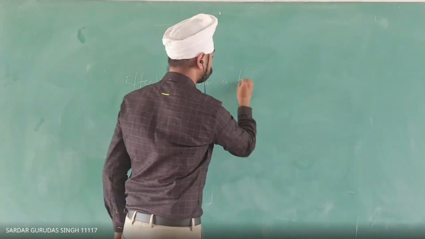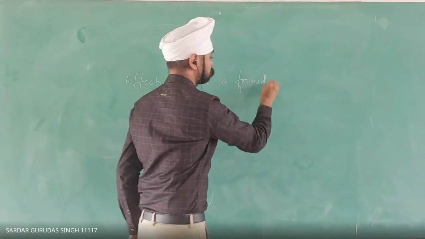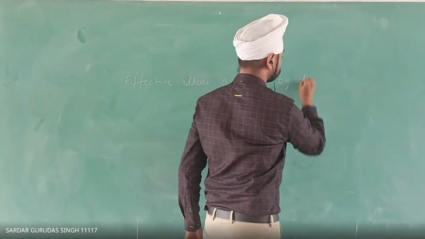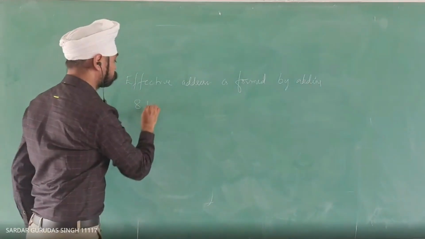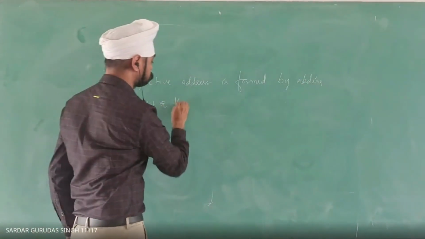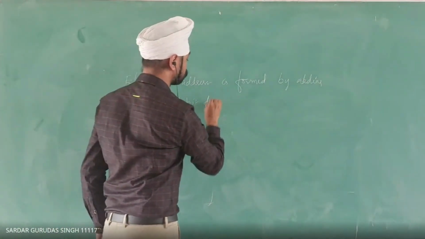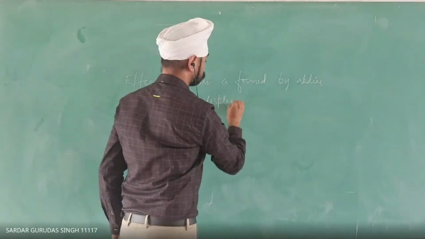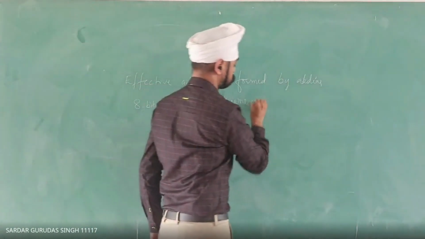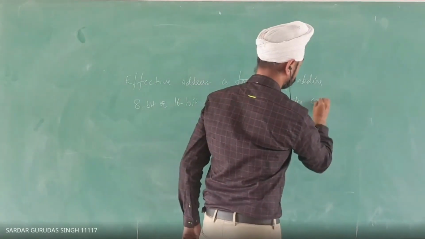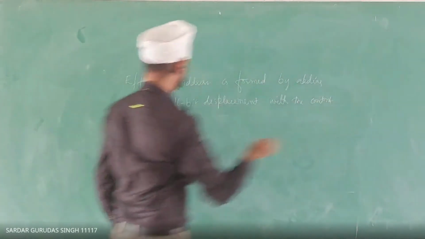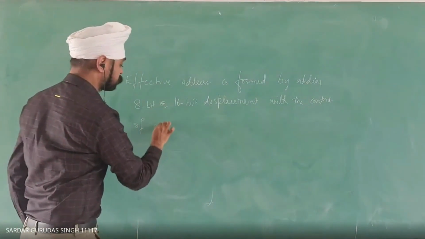Effective address is formed by adding 8-bit or 16-bit displacement with the content of any register.